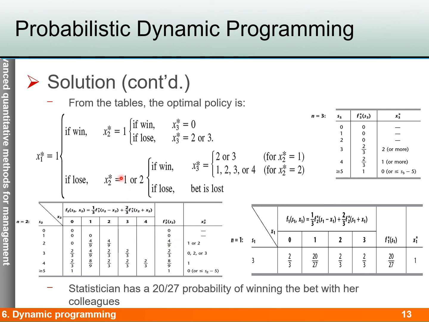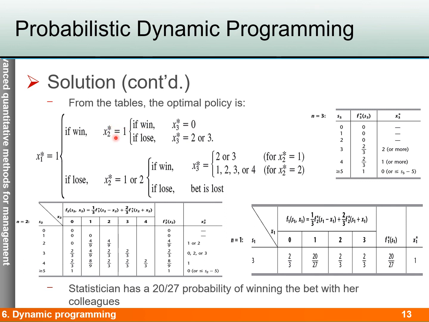Okay, so let's continue this line. What is the meaning of this part? X2 is equal to 1. If she wins, it means that 3 plus 1 plus 1 is 5. If she wins, she starts with 5. It means that her decision should be 0. As you see here, it is 0.